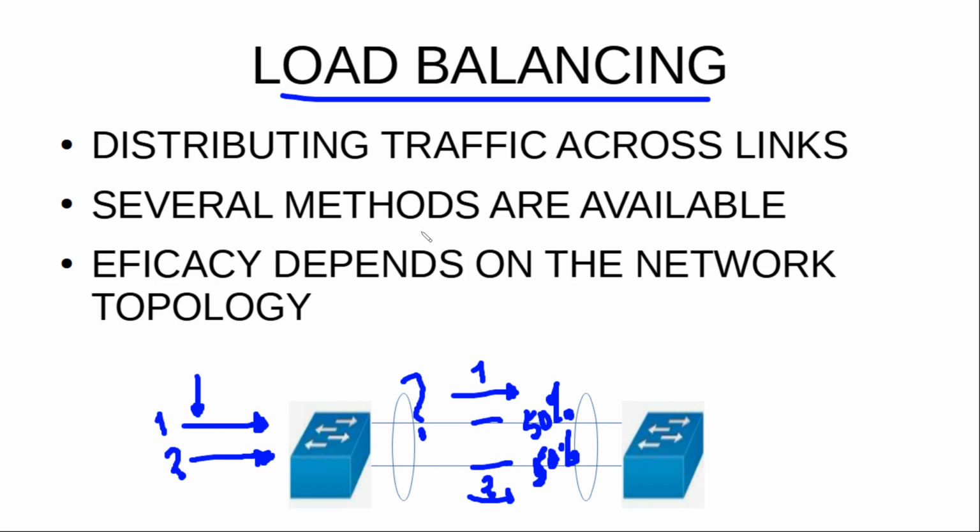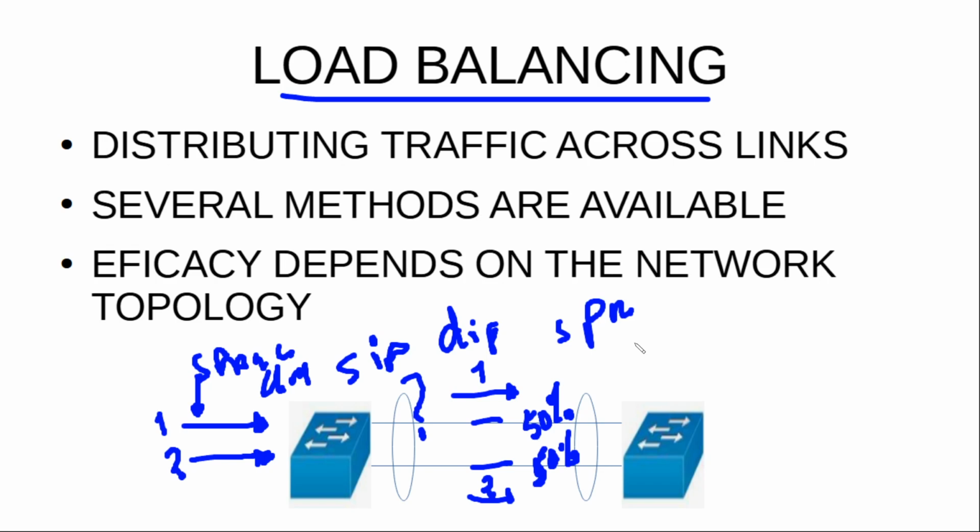Now, the load balancing method that we are going to pick depends on the topology, and these load balancing methods take into account these frame fields: source MAC address, destination MAC address, source IP, destination IP, source port number, UDP or TCP number, destination port number, to calculate whether to place a frame in one link or the other. So we have to carefully choose the best load balancing method that corresponds to our network topology.